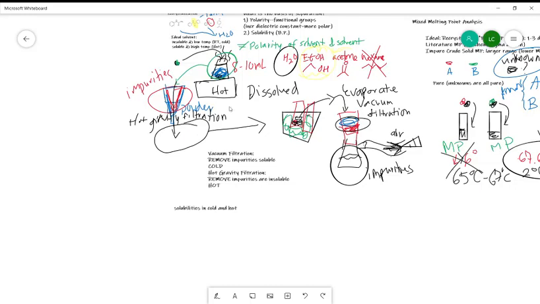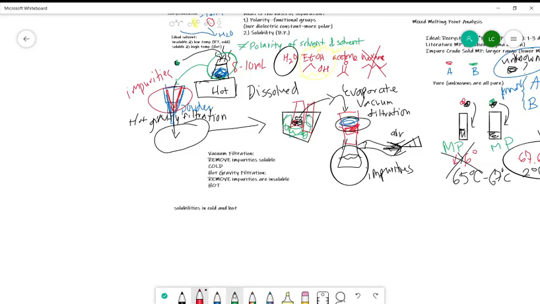So you would use the cold solubility, and you know that you are removing impurities that are soluble in the cold temperatures. So anything that is soluble is the maximum amount that gets transferred from here to here, and through the hot gravity filtration.